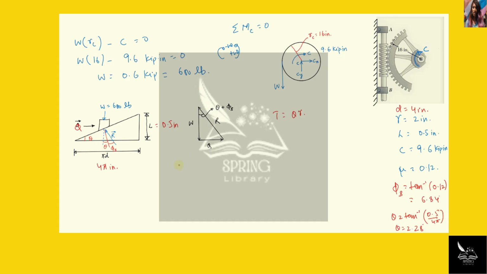The value of Q from this triangle would be equal to W times tangent of theta plus phi s. W is 600 pounds, so 600 times tangent of theta plus phi s. This is theta, and this is phi s. If we add both, we get 9.12 degree.